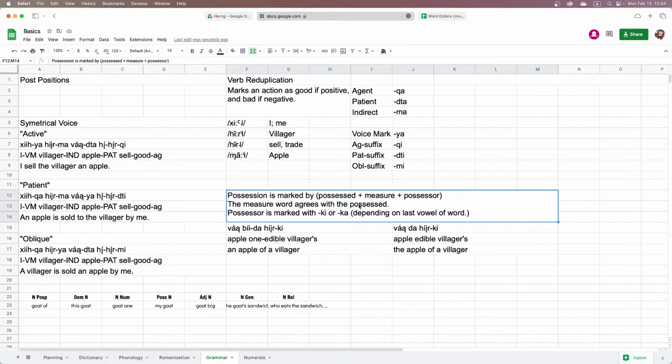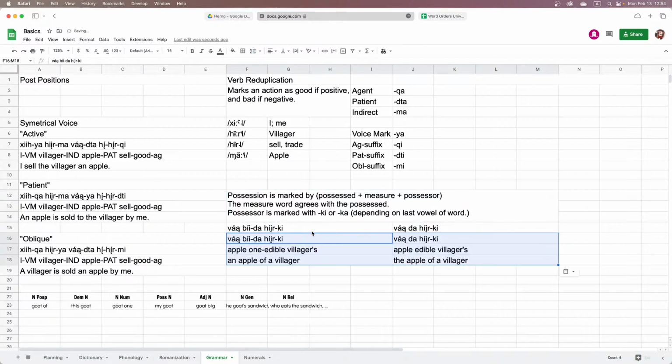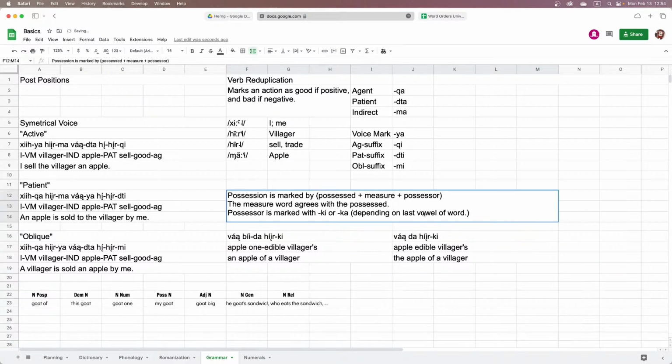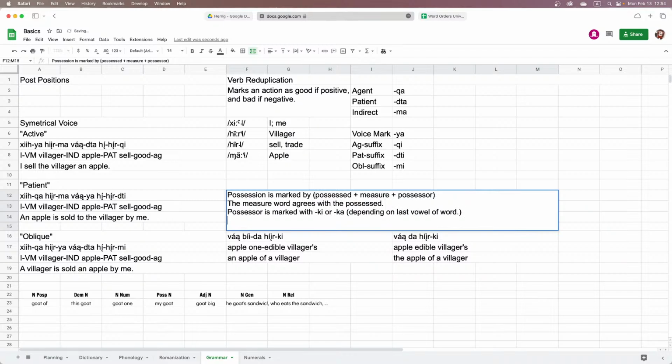Maybe, because I don't know what situation would be needed to disambiguate, but it could become: possessor marker is optional if the possessed has a numeral.